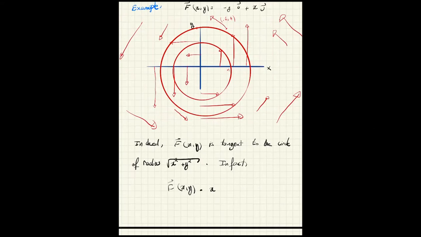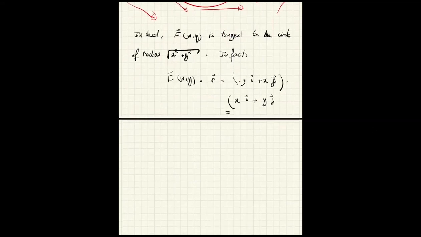Let me call this R, this is R, and this will be F. If you take the scalar product, minus y i plus x j scalar with x i plus y j, it's equal to minus yx plus xy, which is equal to 0.